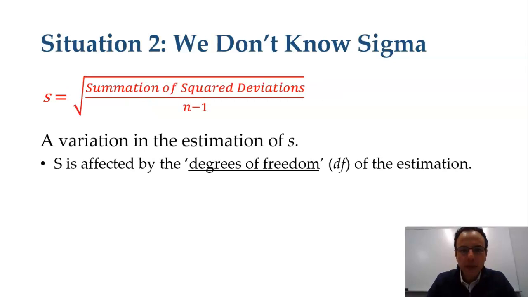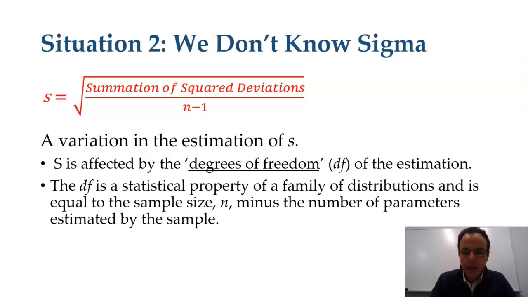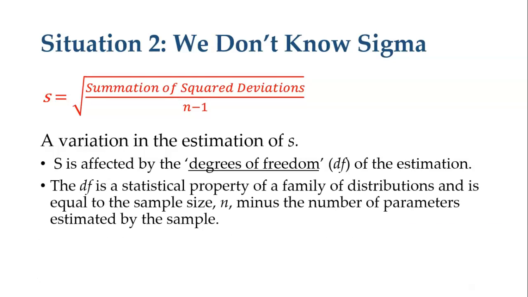But in this case, it's important to highlight that the standard deviation of the sample is affected by something called the degrees of freedom. The degrees of freedom are a statistical property according to which, when you want to estimate a statistic of a sample, there is a formula where you subtract the number of parameters that you want to estimate about that sample from the sample size.